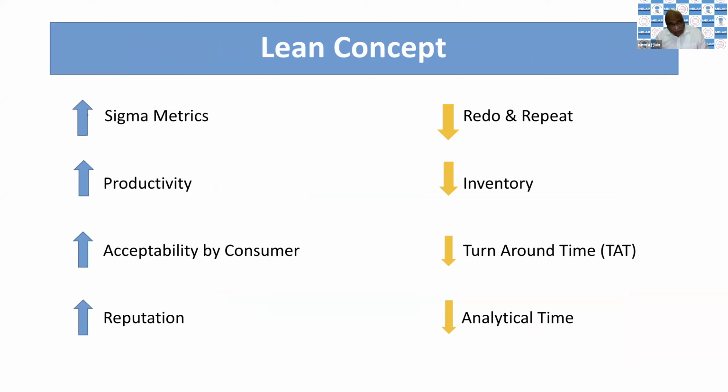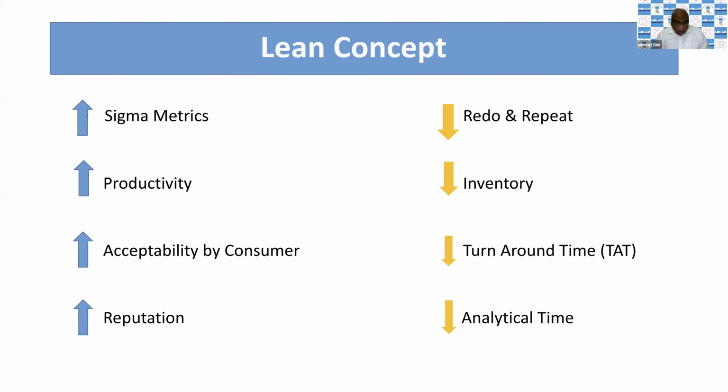And when we start following this Six Sigma metric, definitely when the Six Sigma metric is increasing, our productivity is increasing, acceptability by consumers is increasing, and definitely our reputation is also increasing. We can reduce our cost because there are fewer redos and repeats.